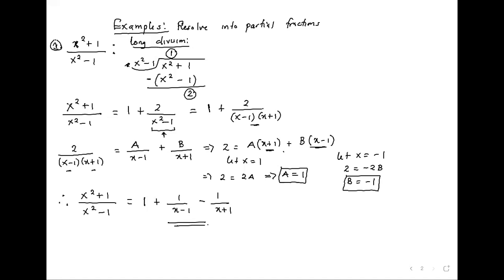Another example. Example 2: (10x plus 93) over (x plus 10) squared. So here, the power of the numerator is less than that of the denominator.